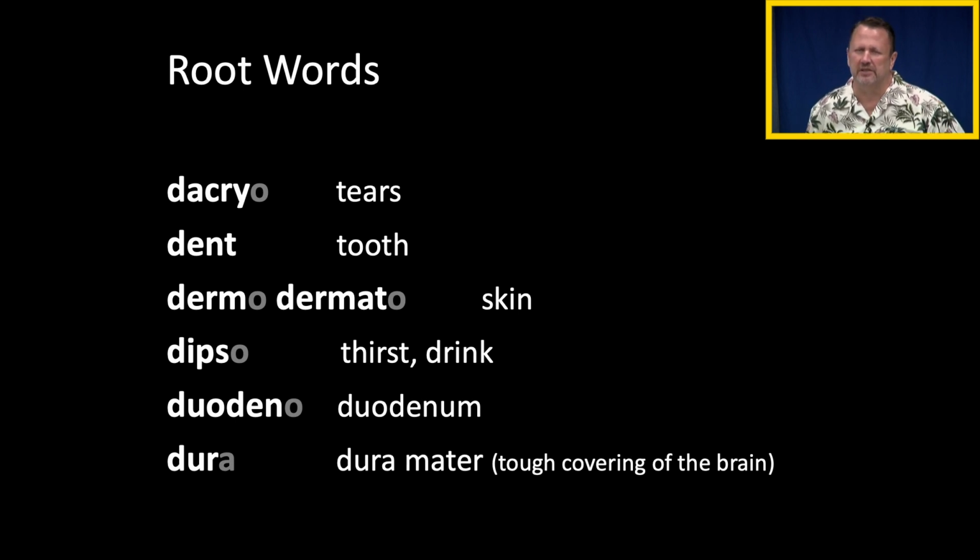Diabetes mellitus is the disorder of glucose regulation. Diabetes insipidus is a disorder of water regulation. So again, be careful of words like diabetes. When we talk about diabetes, we're always talking about disorders of glucose regulation, and that's fine, but there's another diabetes out there called diabetes insipidus, and it has nothing to do with a disorder of glucose regulation.